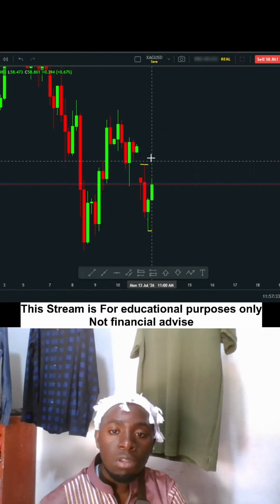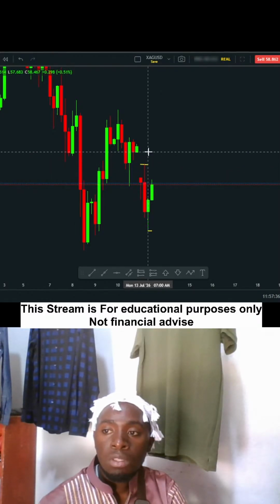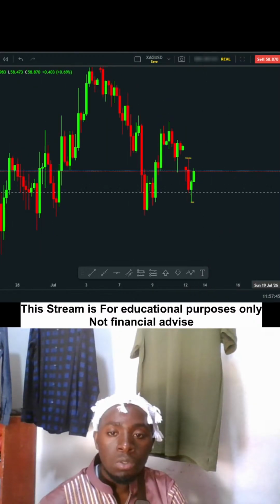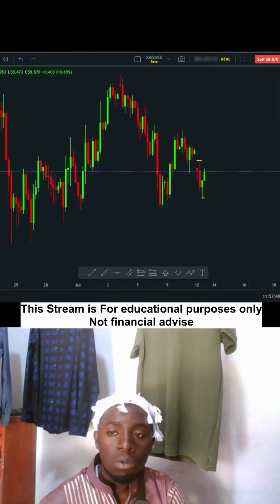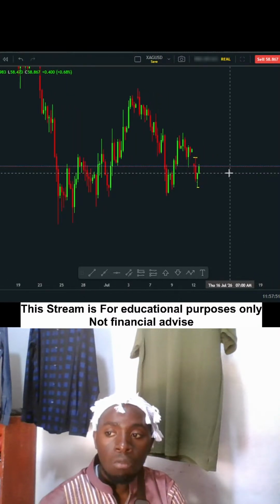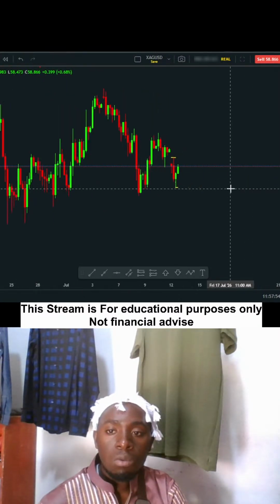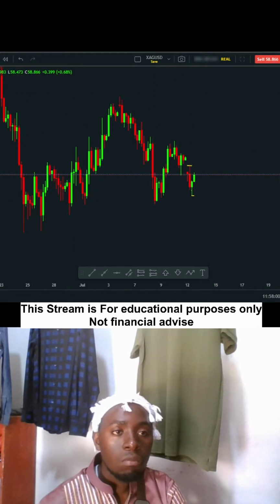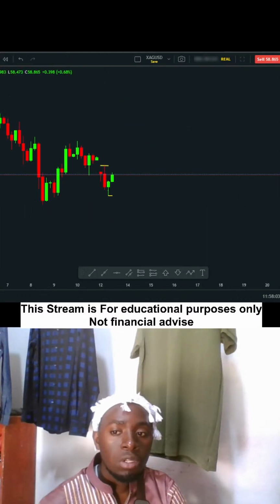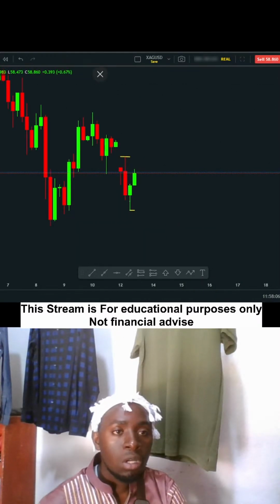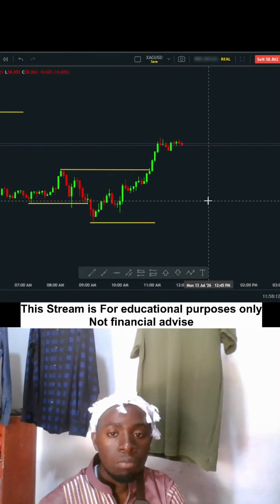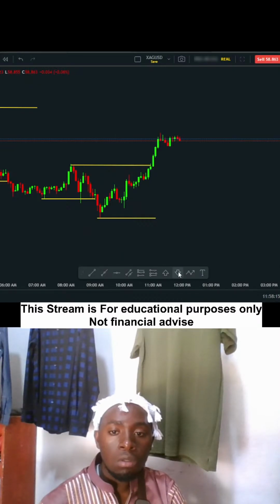It seems that the market wants to close this gap right there before it can continue either going down, or this might be a reversal anyways. There's a chance it could be a reversal. So if I wanted to sell this market, this wouldn't be a good entry at all.